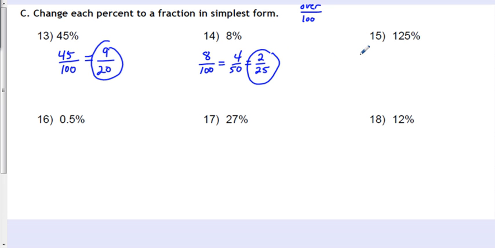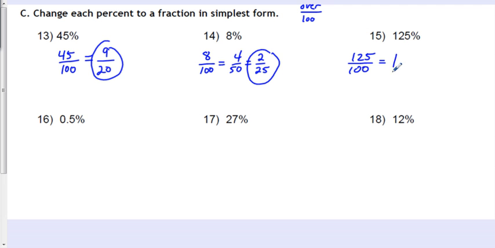Be careful here, percent means over 100. There's a tendency for people to want to put this one over 1,000, but it's over 100. And if we think about this, a percent that's over 100%, it's going to be 1 and something.